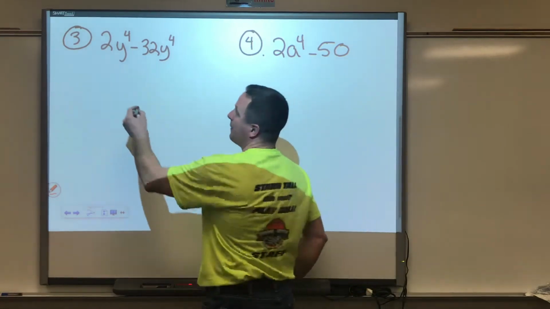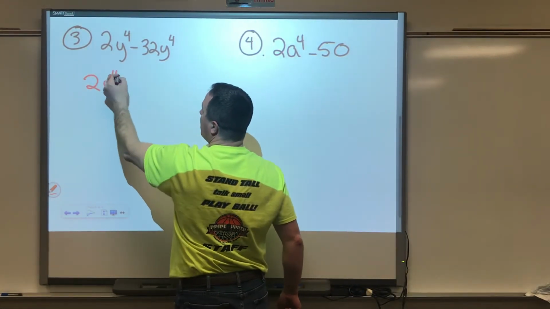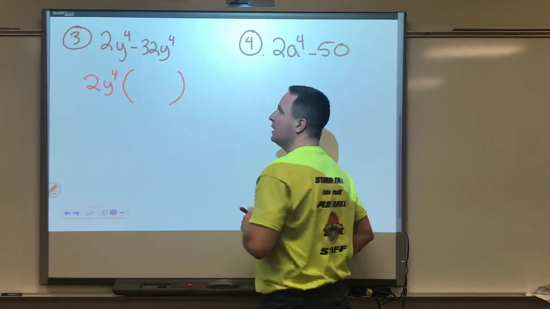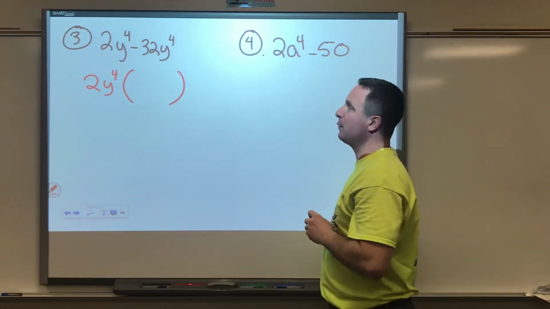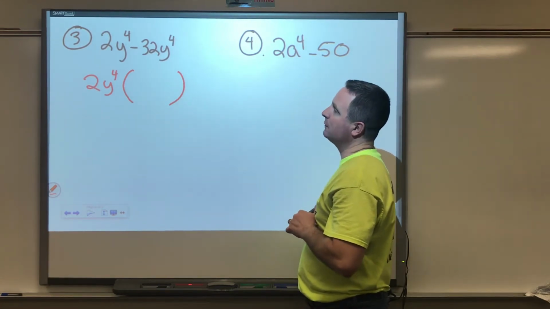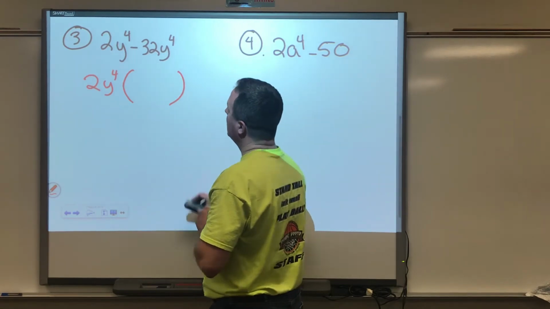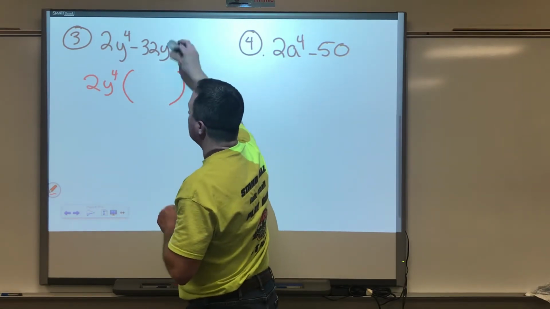These have a greatest common factor. There's a 2. 2 goes into both of them, and they also have y to the 4ths. So I can take out a 2y to the 4th, and what's left over? Oops, I think I copied that wrong. This was supposed to be a 2. I'm going to switch that.